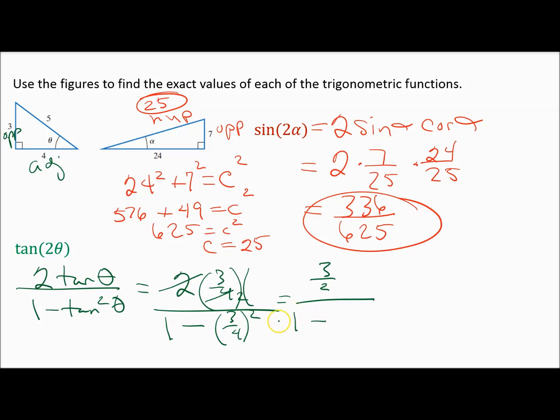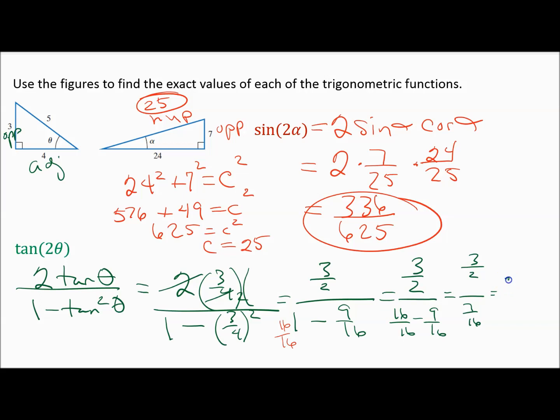Over 1 minus, now I need to square this first, order of operations, so it's going to be 9/16. I need to combine this fraction together before I'm allowed to invert and multiply. So that means I really need to multiply this 1 by 16 over 16. So that's going to give me 3/2 still remaining in the numerator, 16 over 16 minus 9 over 16, which gives me 3/2 divided by 7 over 16.